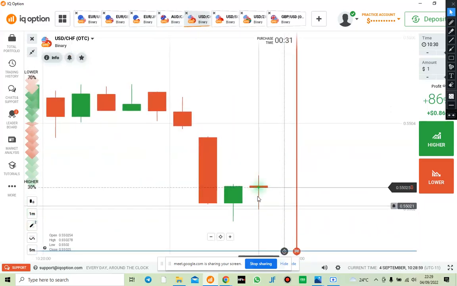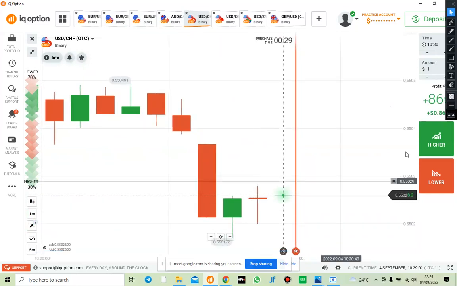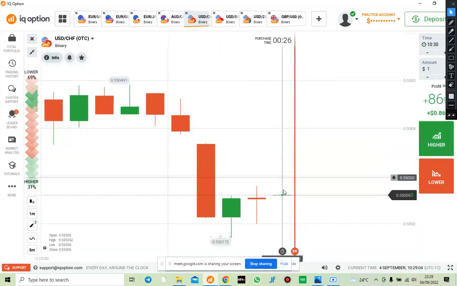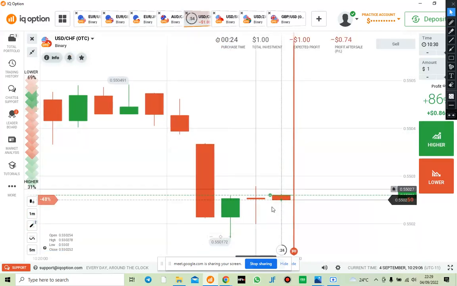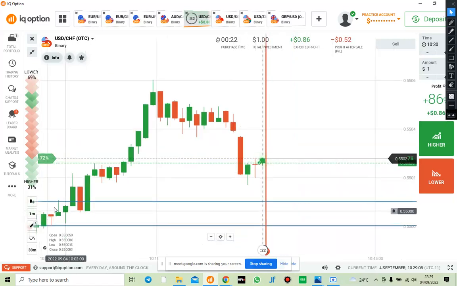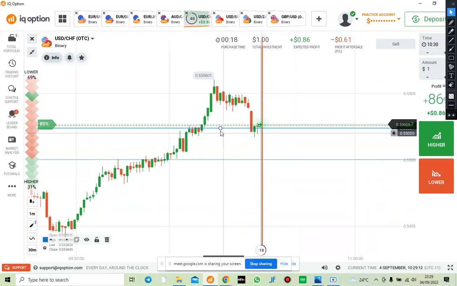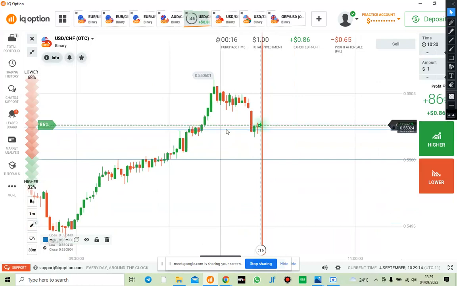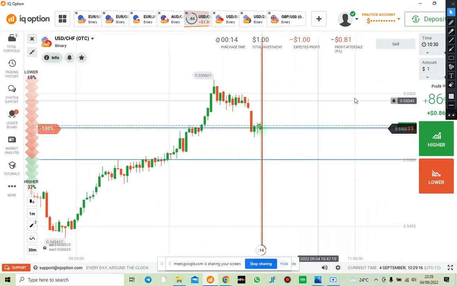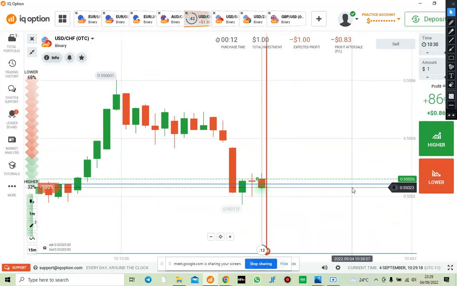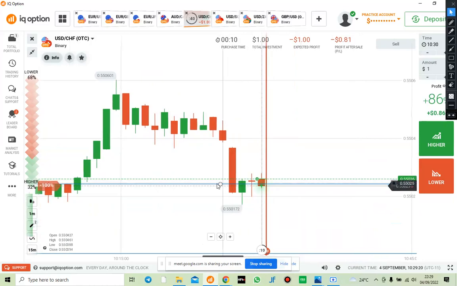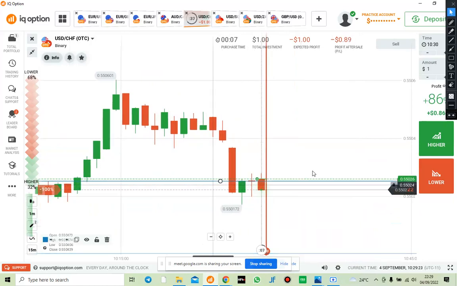If this is a red candle to fill the gap, I think the next candle should be green, because this is a level here. Oh, I didn't know the number here.